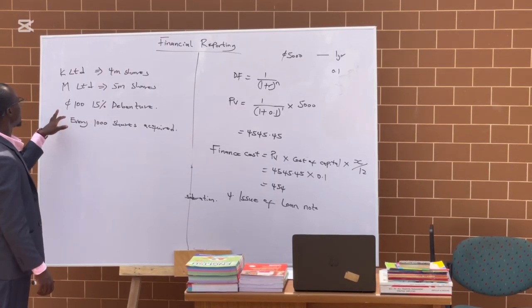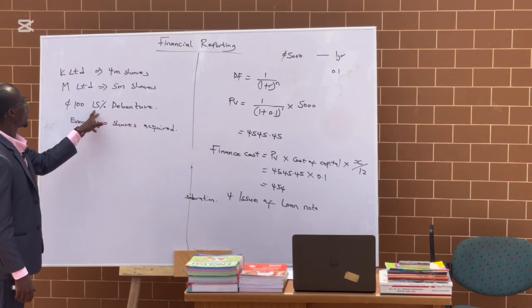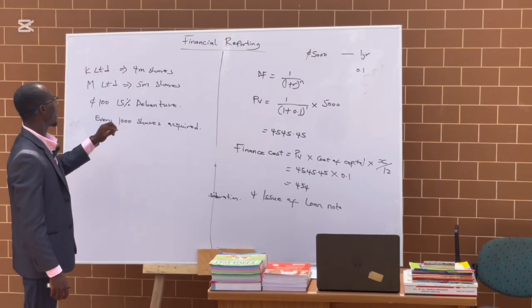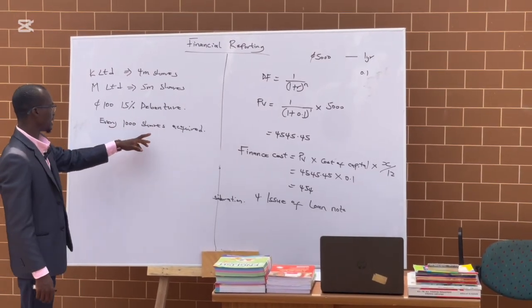But here in this case, it is 100 cedis of 15% debenture, and it's going for every 1,000 shares acquired.